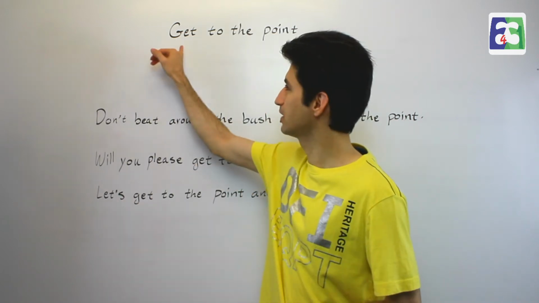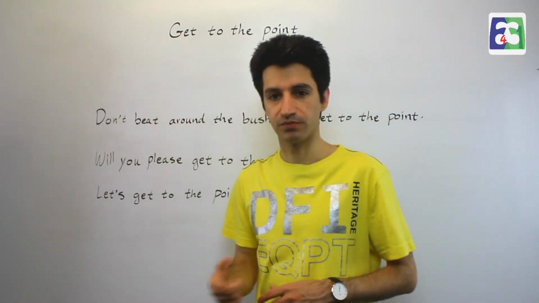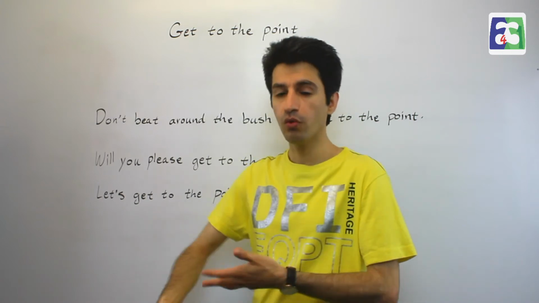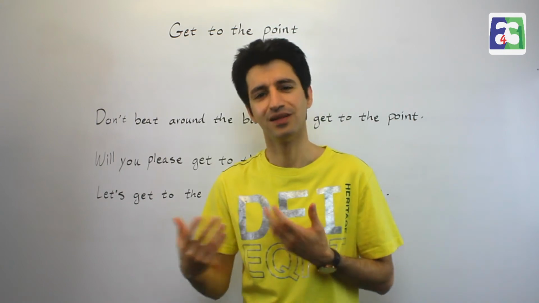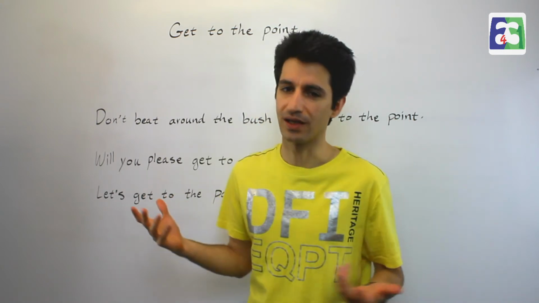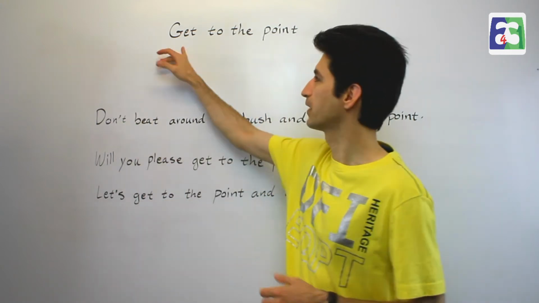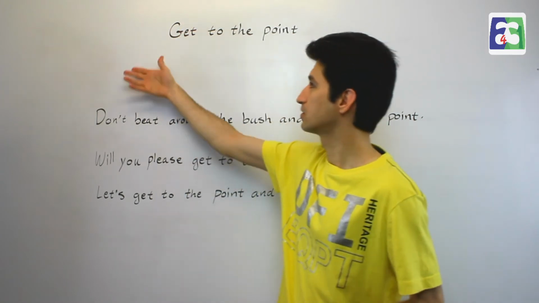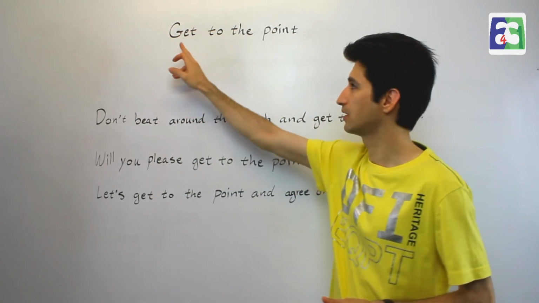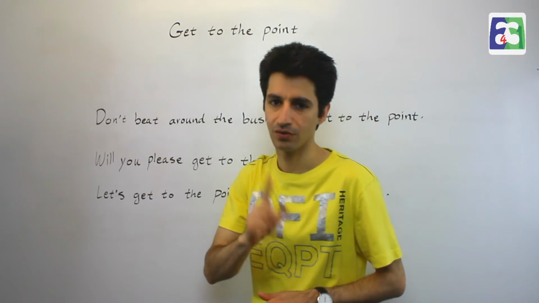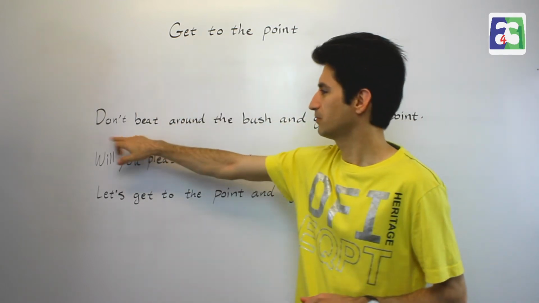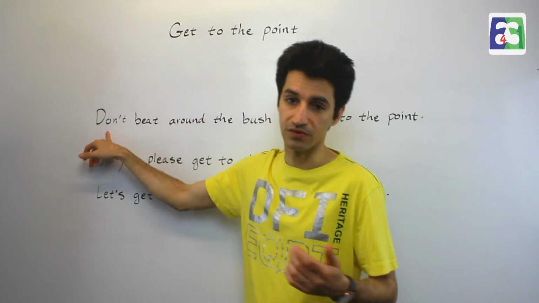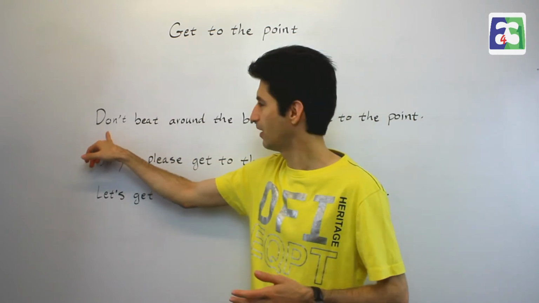So it is mainly used for the second person, I mean for you, or if it contains me as well, then it is used for we, and we say "let's get to the point," meaning you and I. Sometimes we just use "get to the point," and that is you, singular or plural.